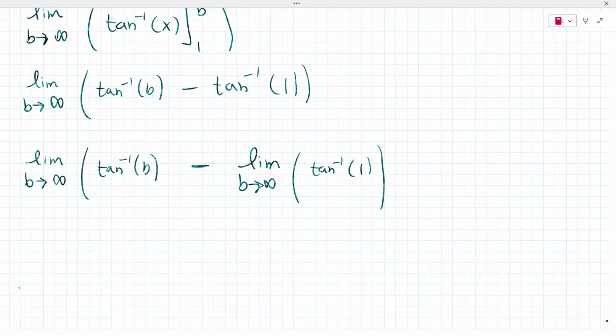In order to find the limit, let's look over the graphs. Before we find the limit, let's review what the graph of tan of x and the tan inverse graph look like. If you recall, the graph of tan of x looks like this.